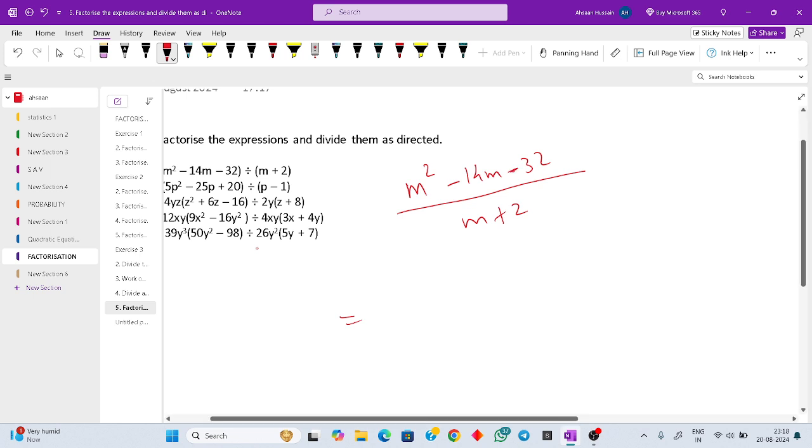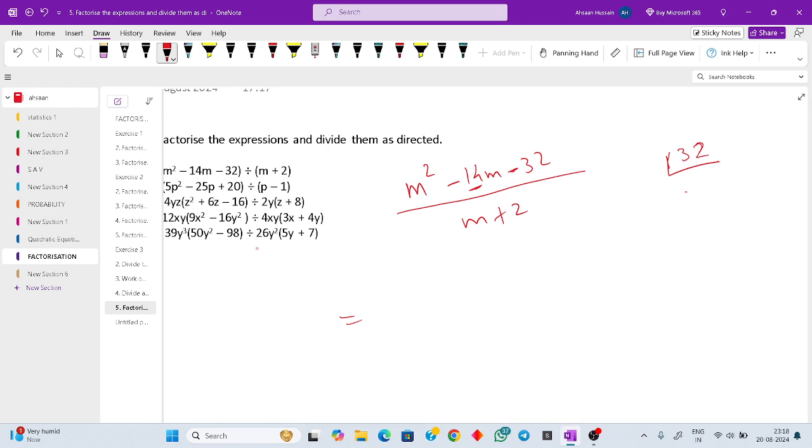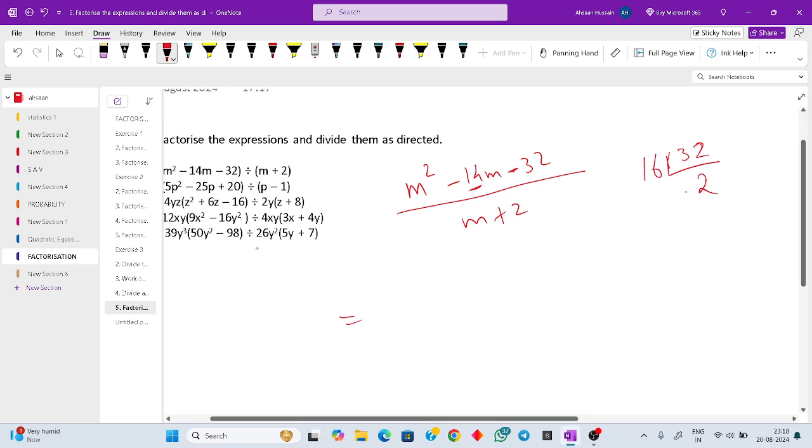So now we have to subtract after factorizing 32, and we have to make 14 with the help of the factors after subtracting. For example, we can write 16 two times, right? And 16 minus 2 is 14. Why have we subtracted? Because there is a negative sign before the constant number.